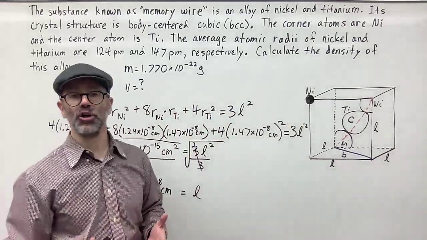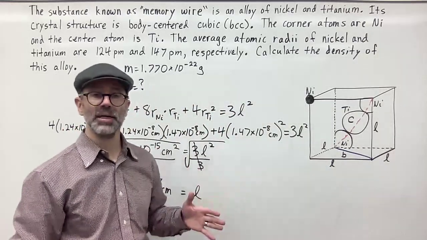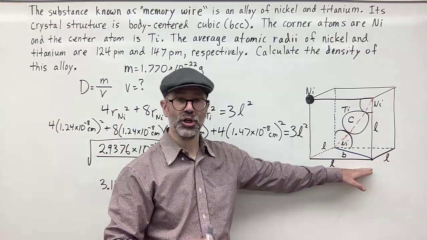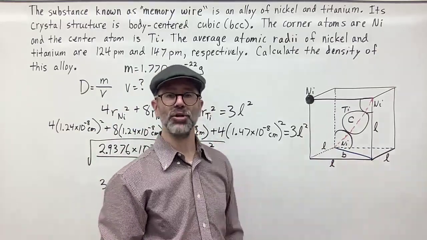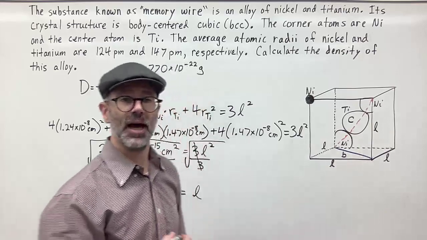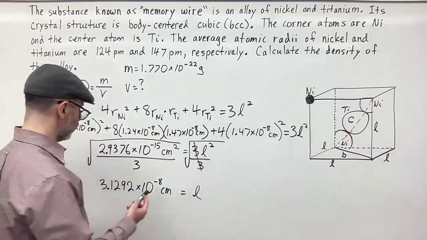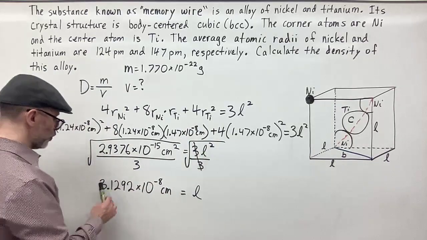We want the volume of the cube, so it's going to be the side L cubed. L times L times L. So all we have to do is cube the length of the cube, which is L here.